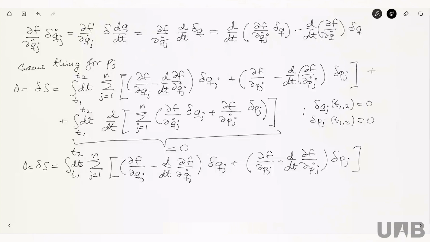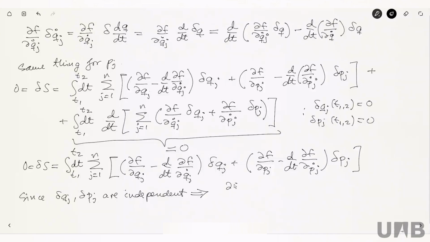Okay, so now the condition that this has to be 0, since delta qj and delta pj are independent of each other, means that instead of all this sum integrated equals 0, each and every one of the terms has to be 0.